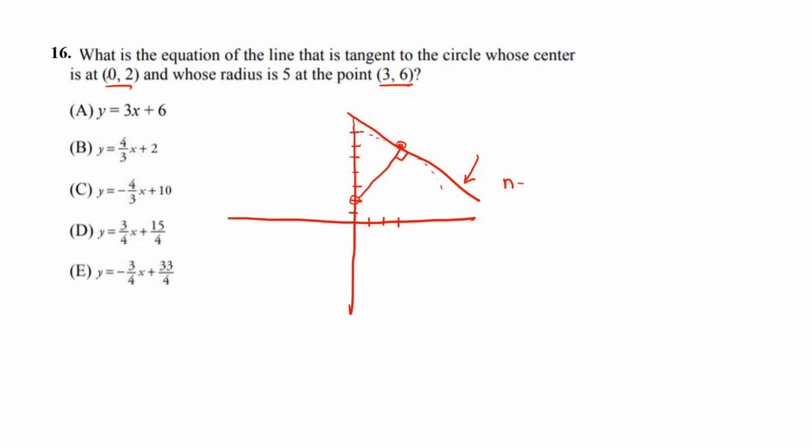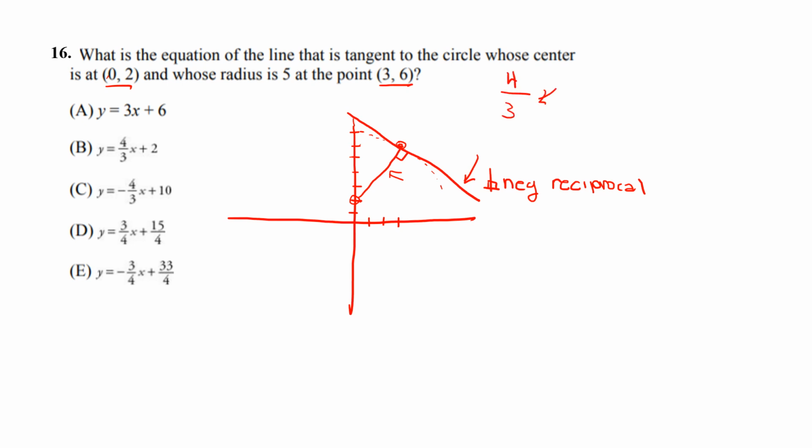Let me just write that here. If we're doing perpendicular, negative reciprocal of the slope of the radius line, right? So let's quickly find the slope. We have the 2 points, so we can just do rise over run. Rise is 6 minus 2, which is 4. Run, which is 3 minus 0, is 3.